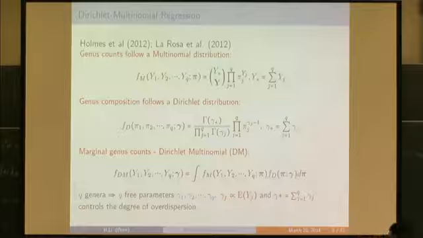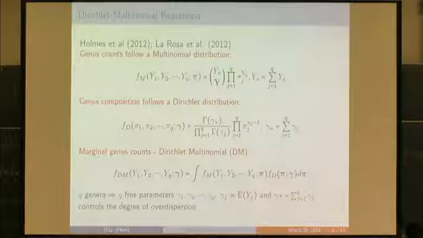So the basic idea, the model is very simple. Remember, for a given individual, we have total number of counts, and we distribute those counts into different bacteria genera. So you have the joint distribution of the count given the total follows a multinomial distribution with a parameter pi.